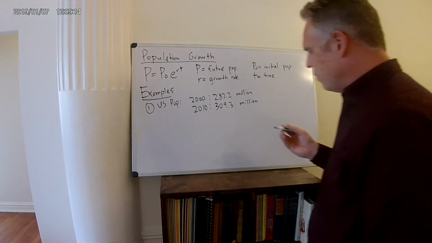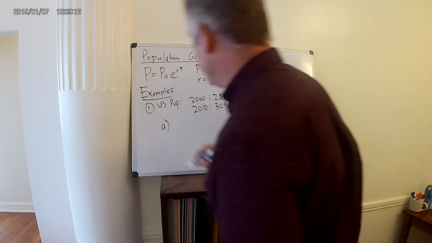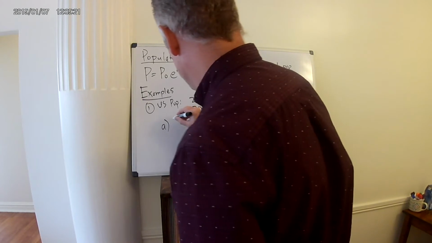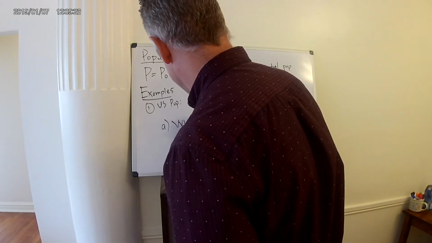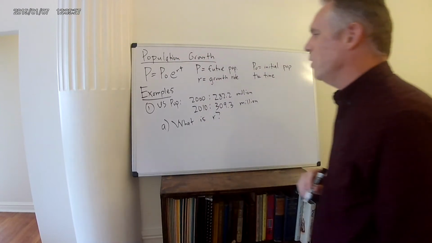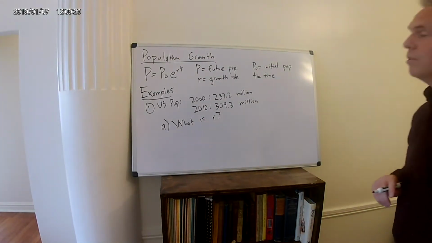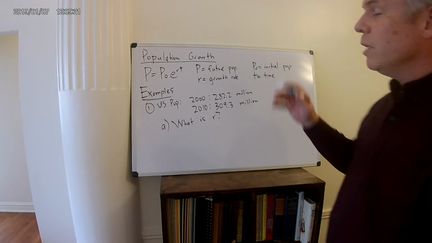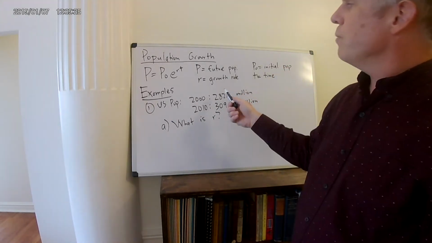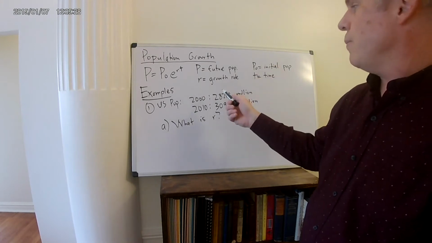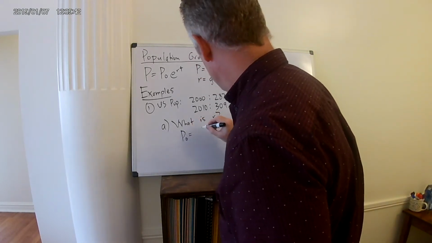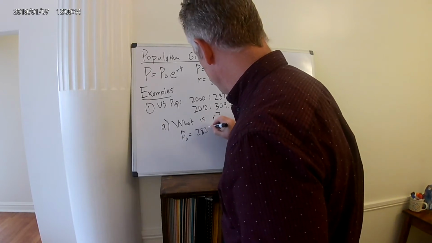The first thing we want to do is figure out the growth rate r of the U.S. population. We're going to use this census data to do this. We can make the year 2000 population our initial population, so P0 equals 282.2.